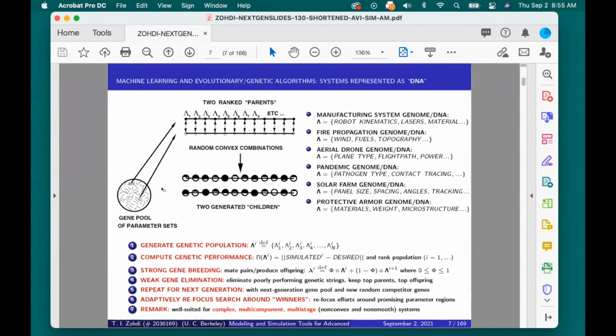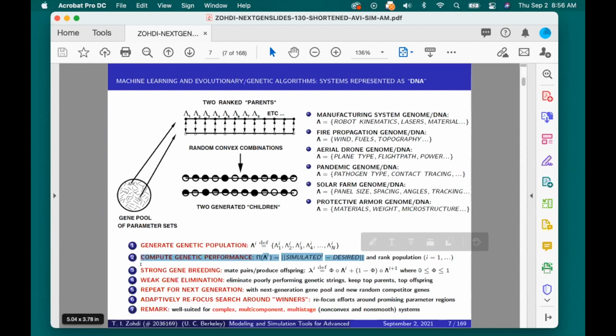So the basic approach is that we take a large number of these parameter settings for a typical model. We run them all randomly, so we have several different random states. We run the responses. We rank the responses based upon how well they did compared to our desired response. So we compute the genetic performance of one of these ranked parameter settings.